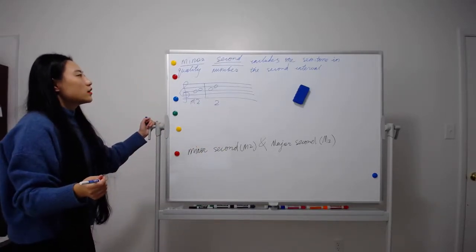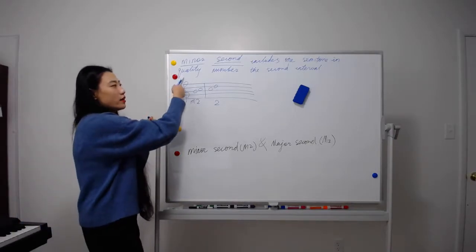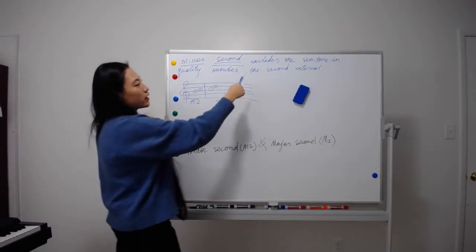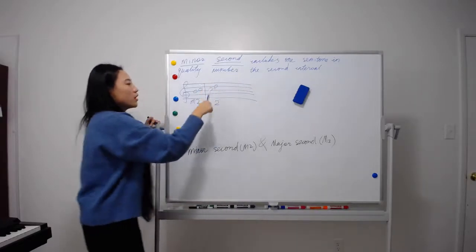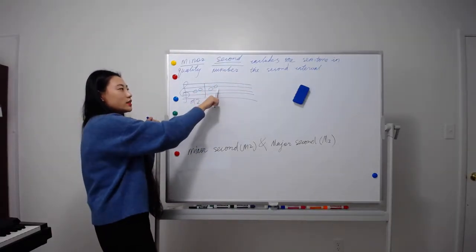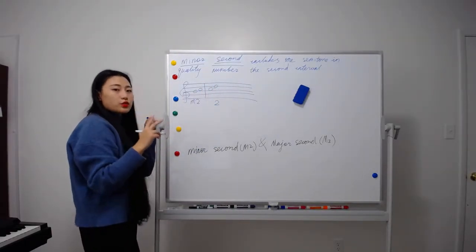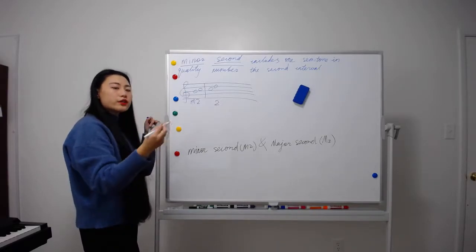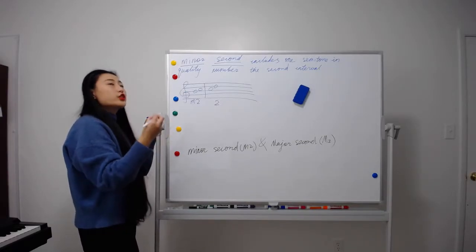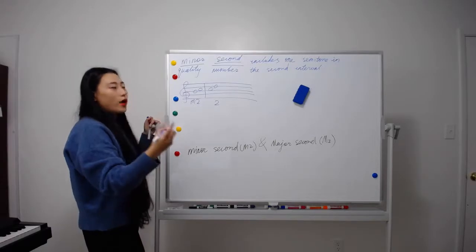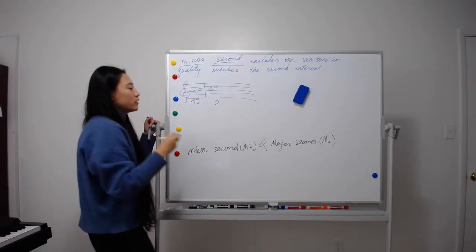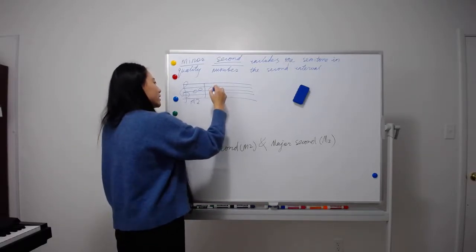And let's take a look at the minor. The minor includes 1 semitone, but the C and D is 2 semitones. So how to change to the minor, to the 1 semitone? First solution is flat D.